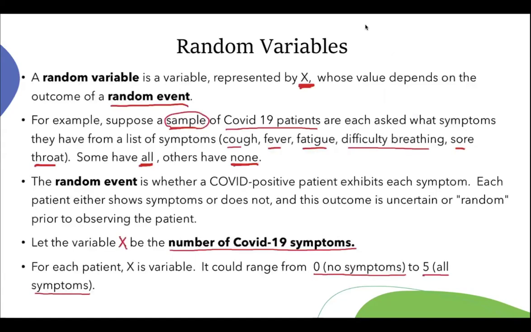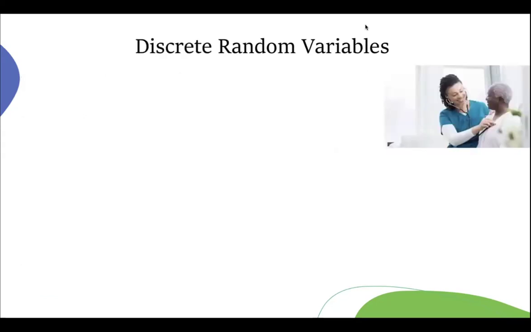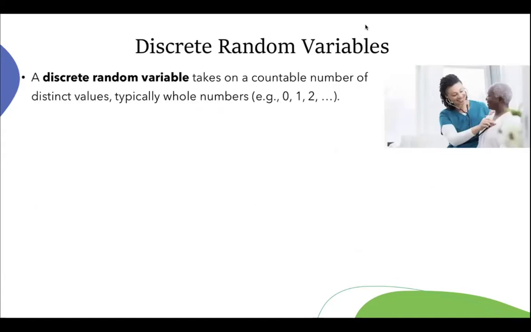Okay, so this is a little bit tricky to understand at first, but just bear with me. We're going to look at a few examples, and this is going to become more concrete after we do some problems. Okay, discrete random variables. What we just talked about was an example of a discrete random variable. It takes on a countable number of distinct values, typically whole numbers like 0, 1, and 2, and so forth.